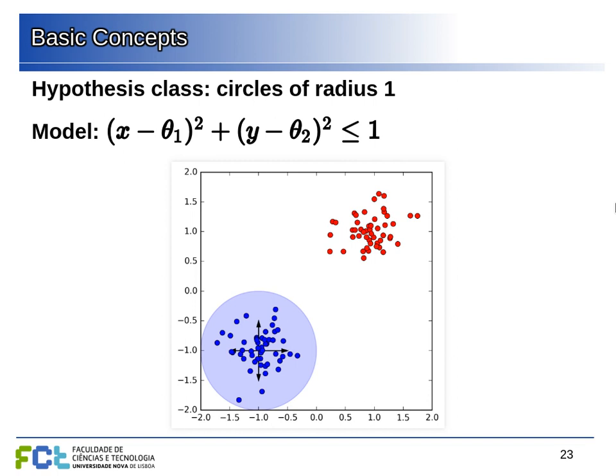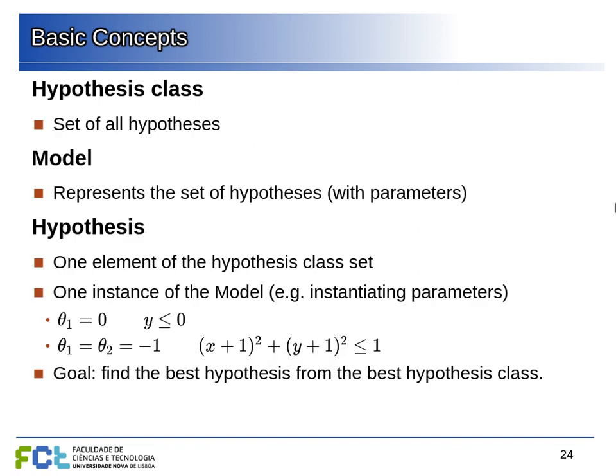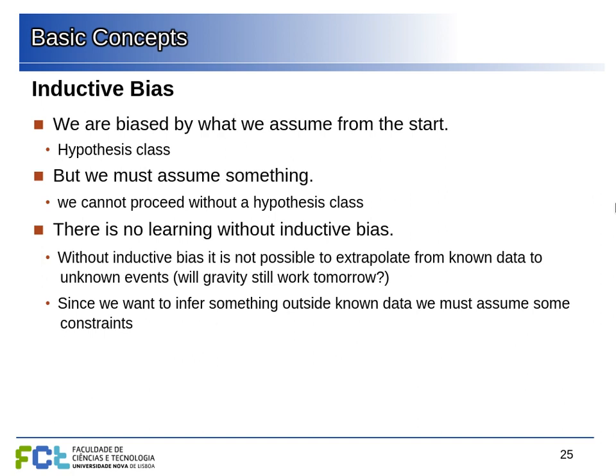For example, if we assume that the sets are always separated by a horizontal line, or if we assume that the blue set is always within a circle, or something like that, then we can train with one set of data and predict outside. If we don't do that, then we cannot do any extrapolation.